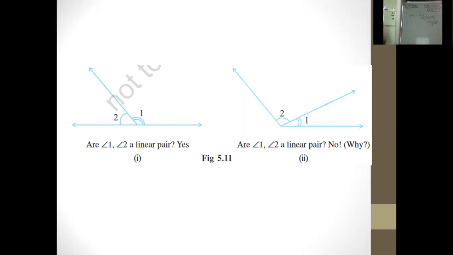Because in this figure you can observe that this has a straight line, but here this is making an angle that is 2. It is not completing an entire line from where this angle is starting, but we can consider that it is a single angle which is having an endpoint.